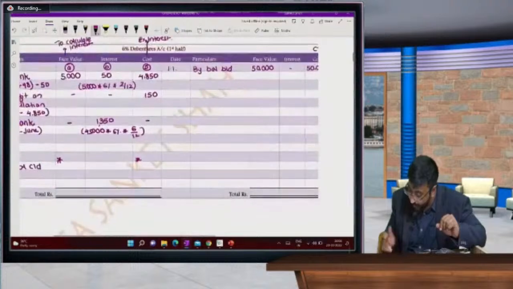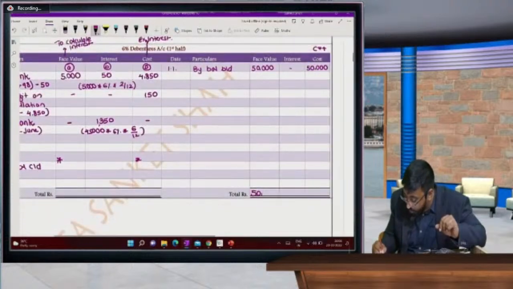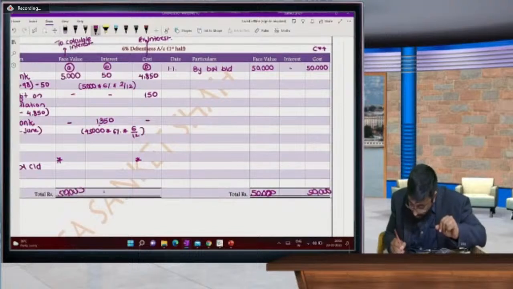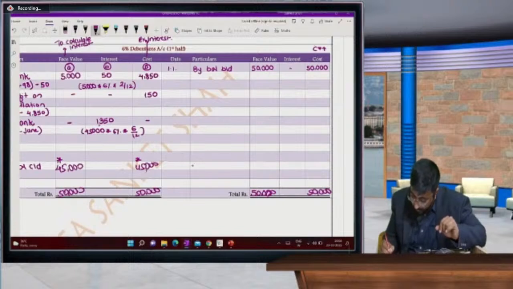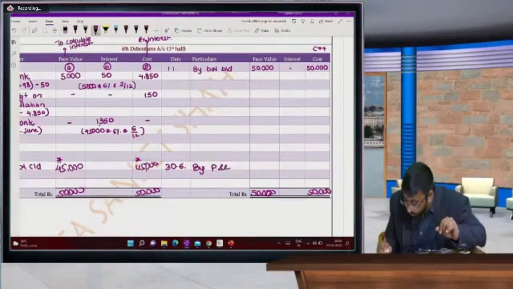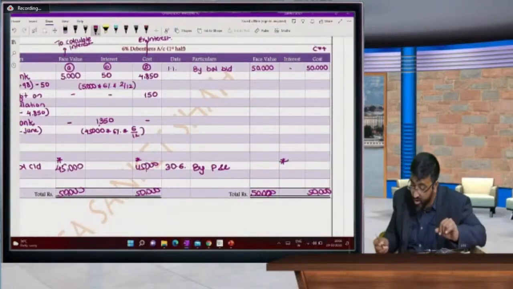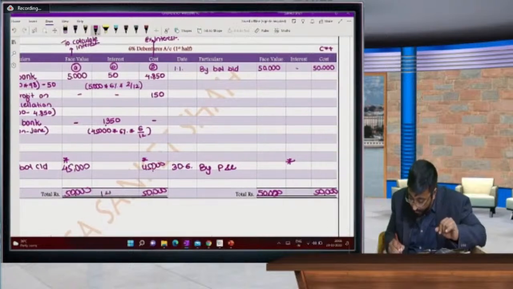Yes, I will take a total: 50,000, 50,000, 45,000, 45,000. And interest is a nominal account and an expenditure, so it is not carried down, it is transferred. 1,400.